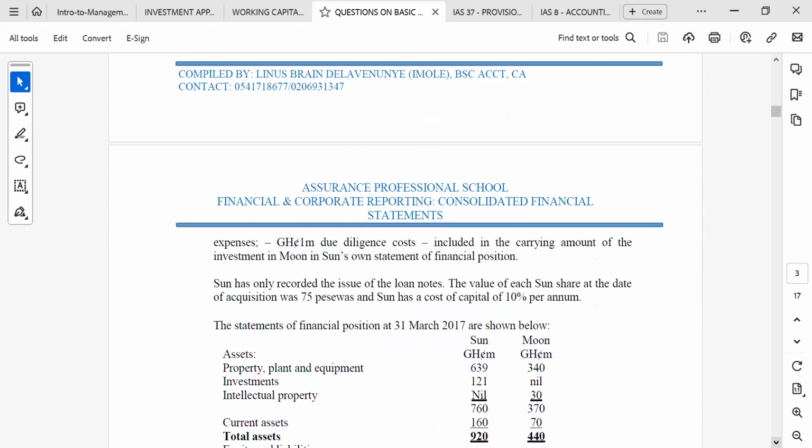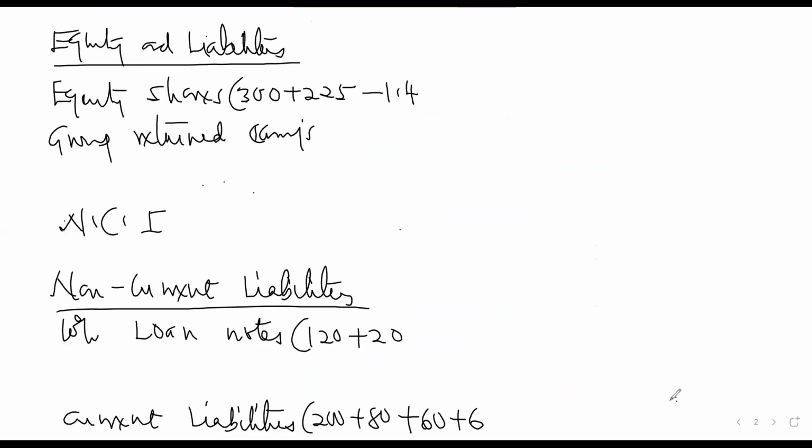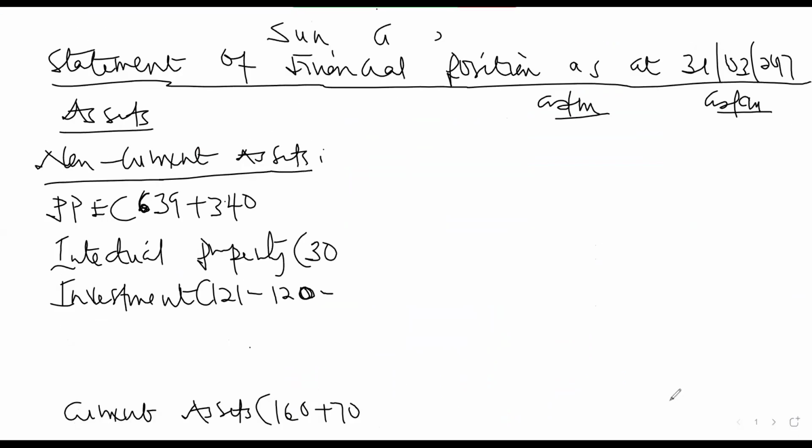It was capitalized, isn't it? Yes. So you can see that is why the investment is 121. They have added the 1 million to it. So what we do is that we go and remove that. It should not be capitalized. So we go there and remove our 1 million from this place.